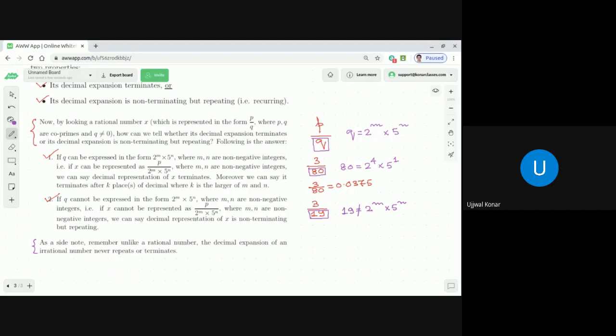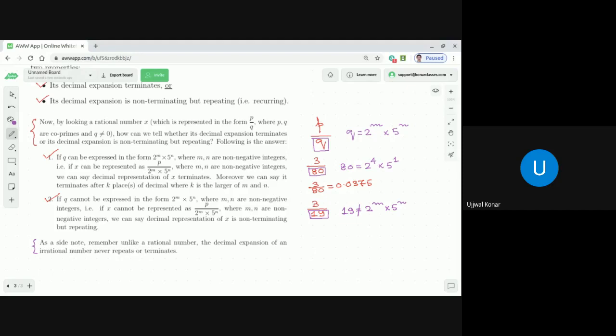If you take an irrational number like square root of 2, square root of 3, square root of 5, its decimal expansion is neither terminating nor repeating. Take a very powerful calculator and find the value of root 2. You will not find a pattern to conclude that it repeats, and at the same time it is not terminating. Same thing for root 3, same thing for root 5.